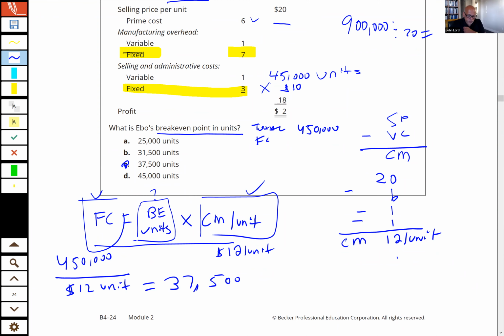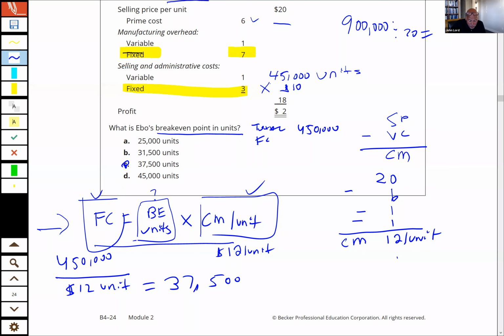Now, guys, I know that the book gave you just the fixed cost divided by the contribution margin per unit, but you can see how a question like this puts you in kind of a difficulty. What was the formula again? Whereas if you just remember the relationship, then it becomes a lot easier, in my opinion, to understand this sort of algebraic manipulation that we're supposed to do to find what you're looking for.